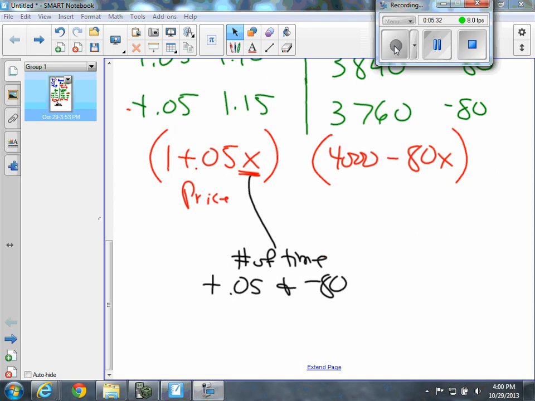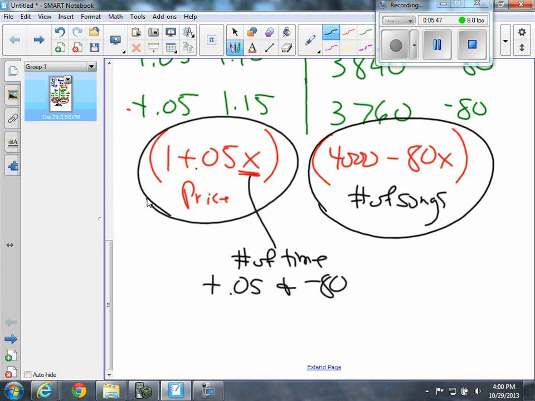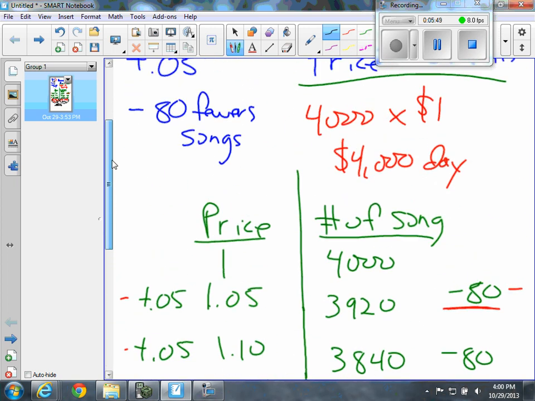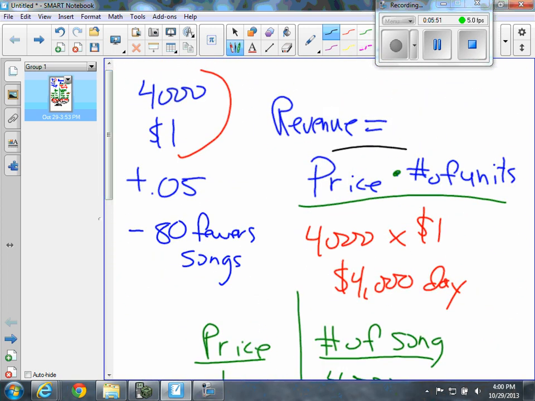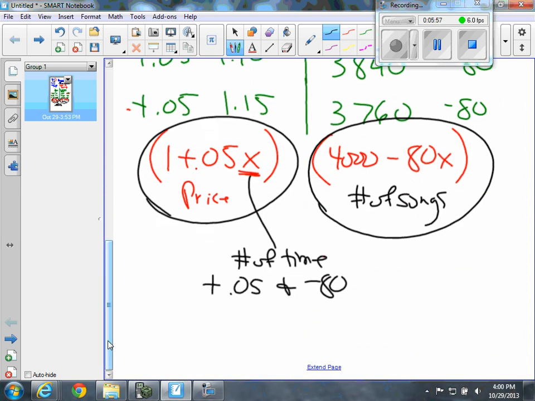Now I have an expression for my price, and I have an expression for my number of songs. I know that revenue is equal to the price times the number of songs. I'm trying to find a quadratic model for revenue because I want to maximize my revenue.